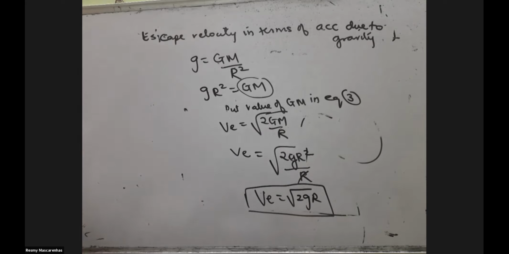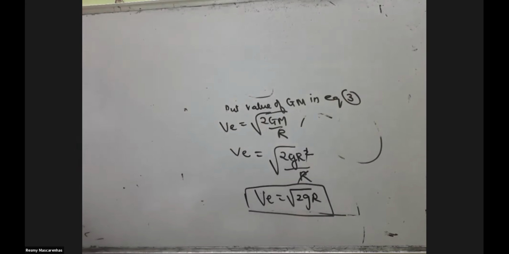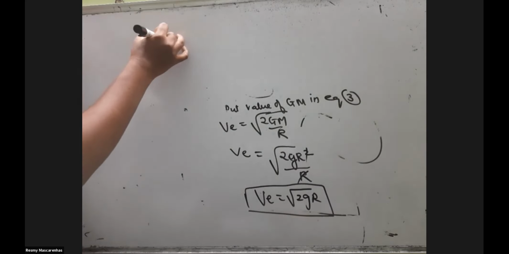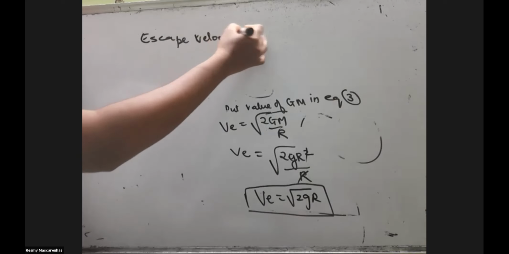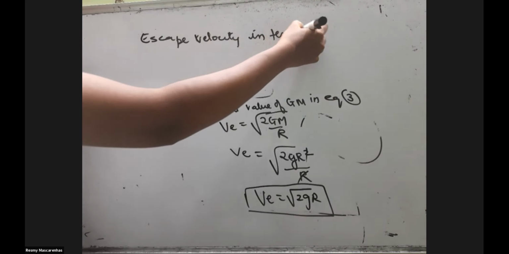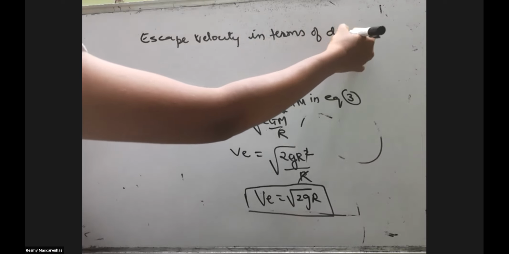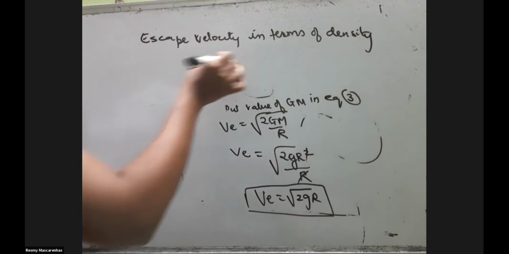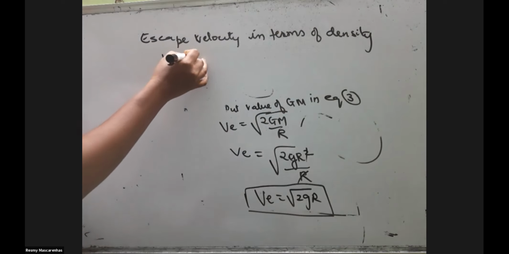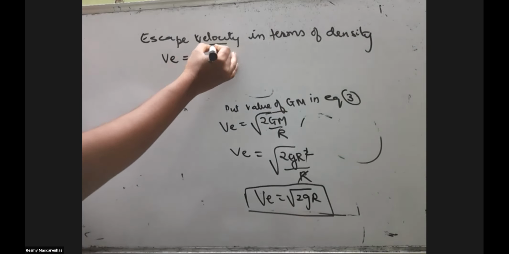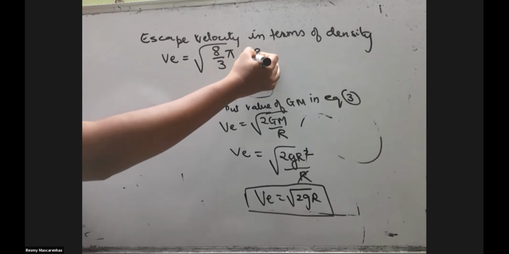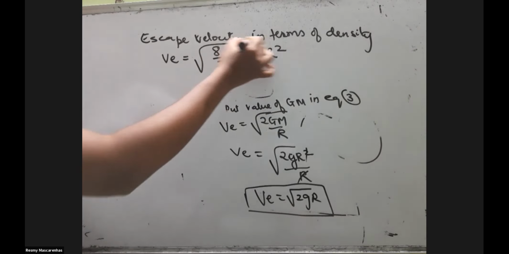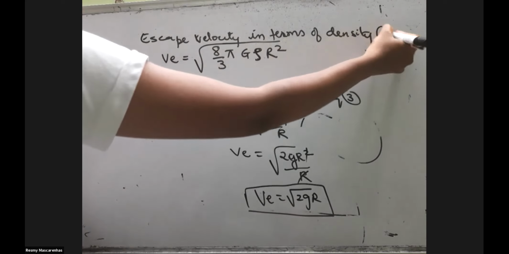And suppose you want it in terms of density, I will directly give you the formula. If the density is given and you want to calculate escape velocity, this is the formula: root of 8 by 3 pi G rho R square, where rho is the density.